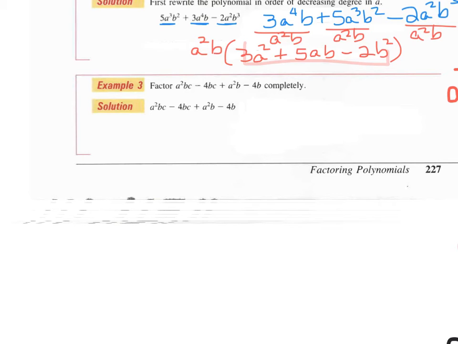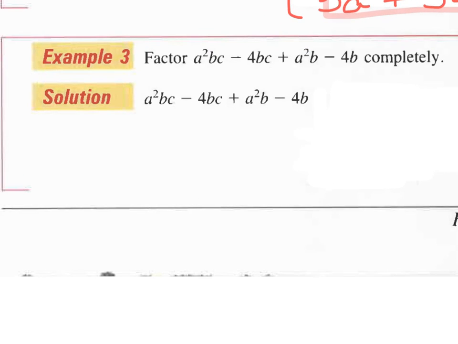I'm also going to look to see if there's a greatest common factor that I could pull out first. That's step 1. Notice they all have in common the letter B. So I can divide all 4 of these by the letter B first, and then I will start making my groups. So I'm going to divide everything by B.